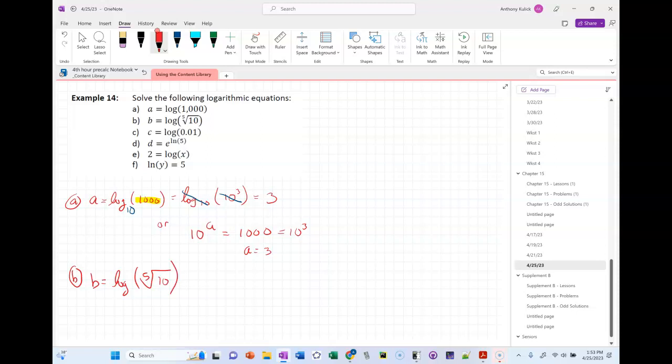Okay. Here I have b is equal to log of the 5th root of 10. Just like before, I observed that the base on the logarithm is 10. I can rewrite the 5th root of 10 as 10 to what power?